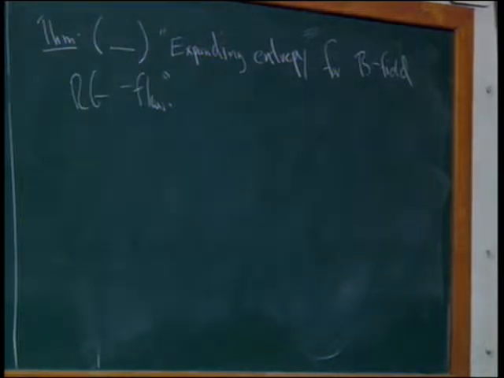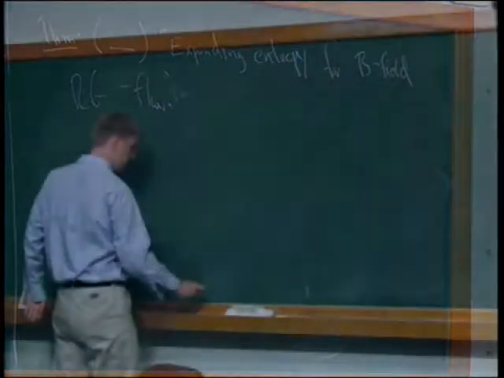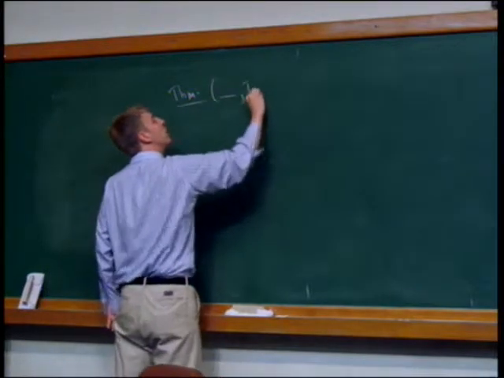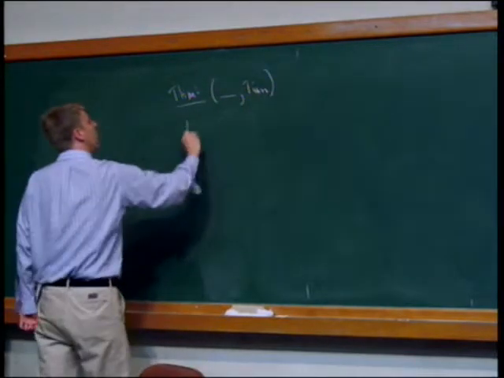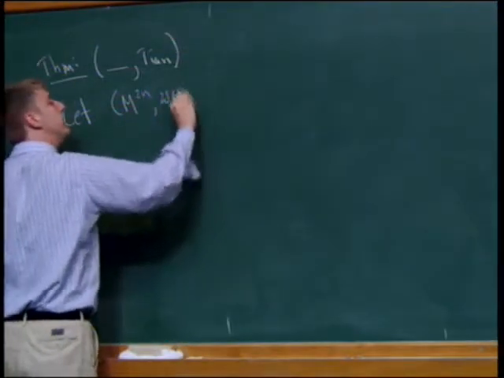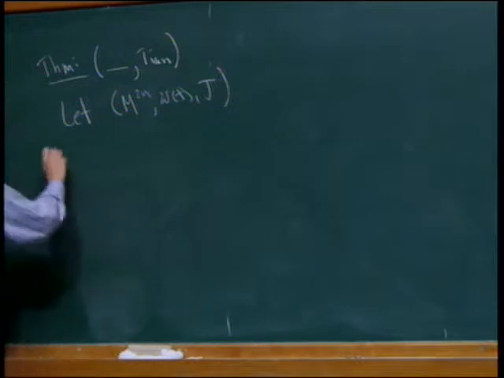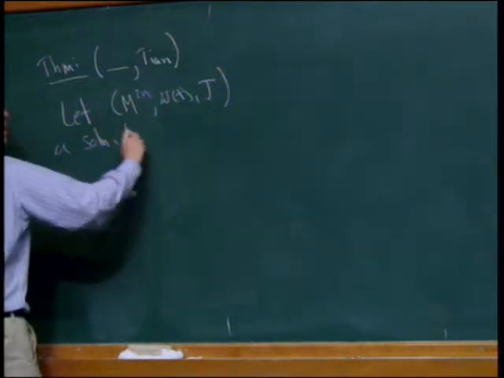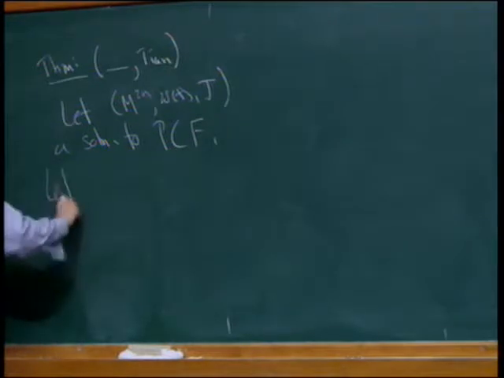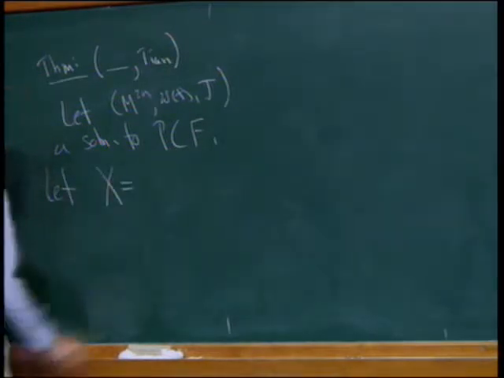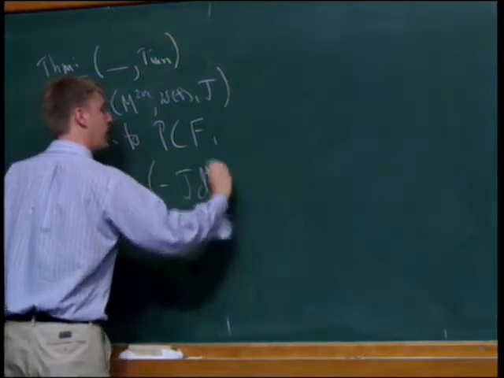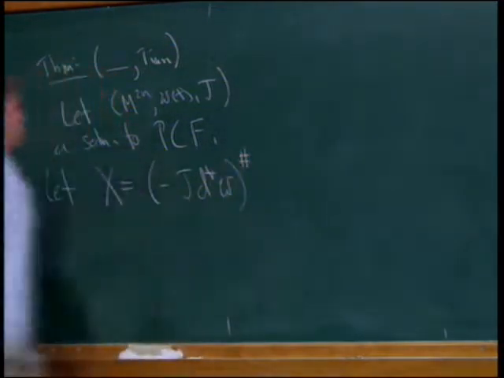So here's the theorem of myself and Tian. Let (M^2n, ω_t) be a solution to pluriclosed flow, and let X be the following vector field: minus J d* ω, and then raise the index.